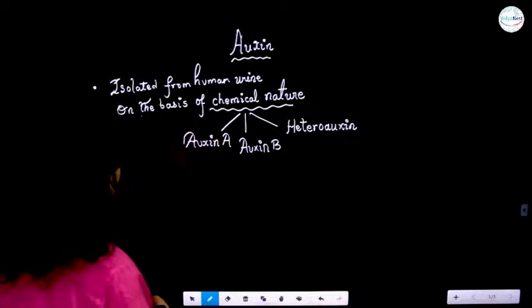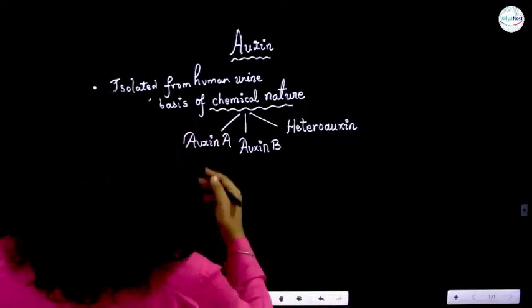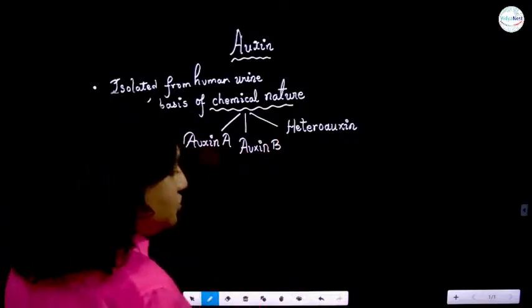There are three different types of auxin: auxin A, auxin B, and heteroauxin.